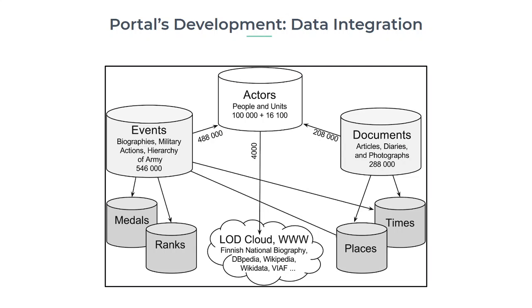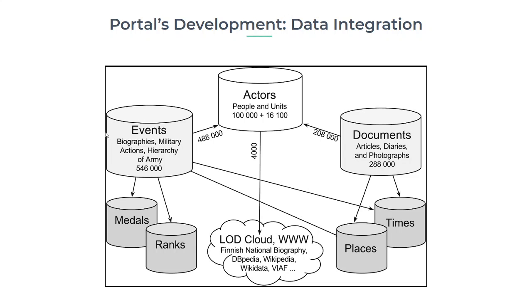So the development of the portal was collecting data and linking data. As you can see in the figure, the actor dataset, which contains military personnel and military units data, has 1 lakh datasets for personnel and 16,100 datasets for military units.